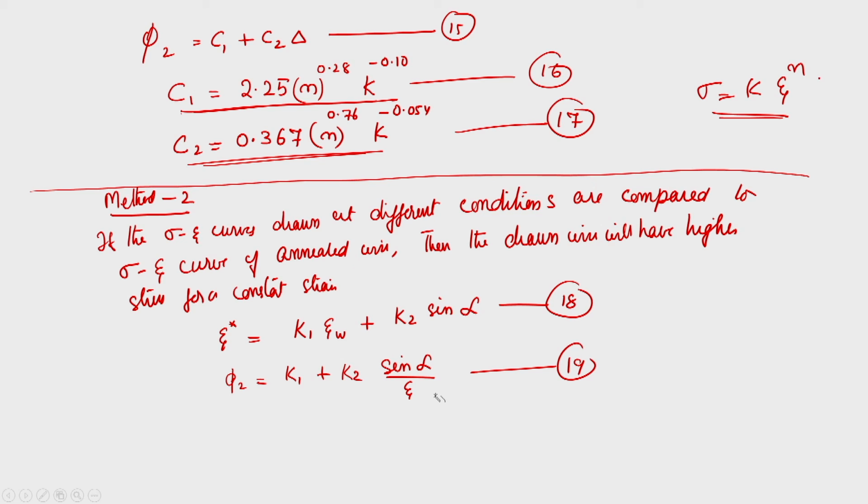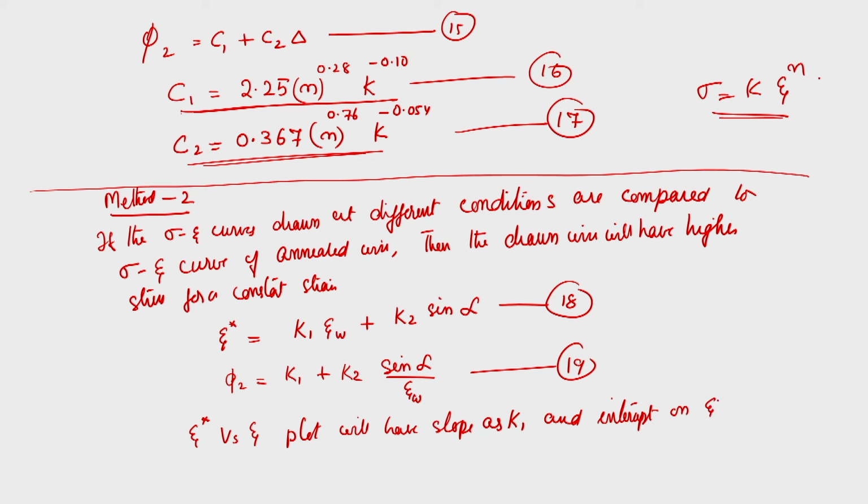This is suffix w. Okay. So, if you just plot epsilon star versus epsilon W, we will have k 1 as the slope, and the intercept on the epsilon star axis as k 2 sin alpha.